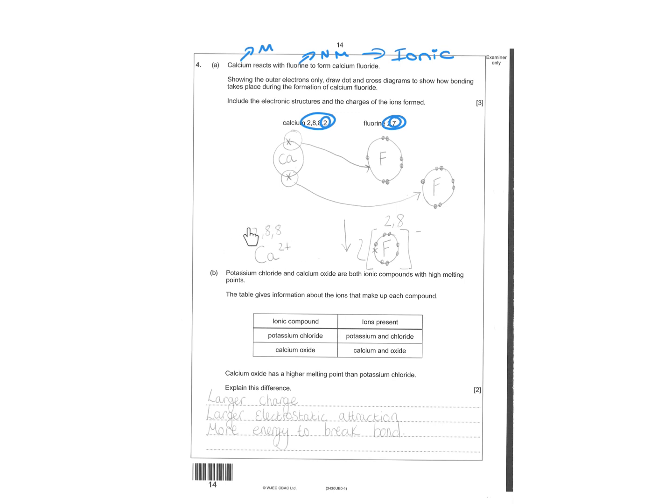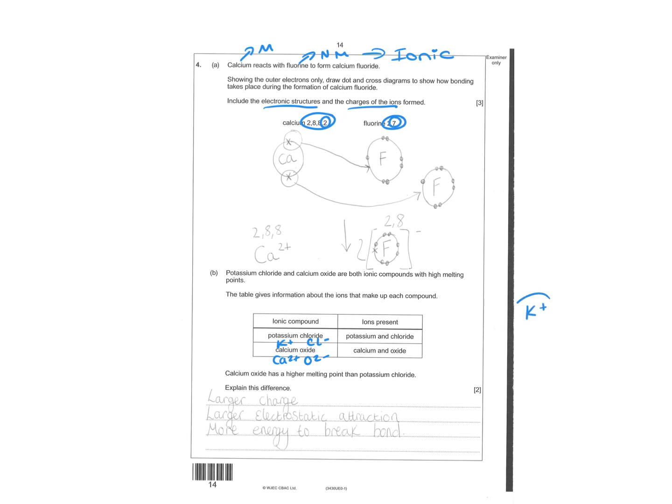Then I've given their new electron structures. If you notice in the question, it says to include electron structures and the charges of the ions. Calcium oxide has a higher melting point, so calcium is 2+, oxide is 2-, potassium is plus, chlorine is minus. So there's a larger charge, which means there's a larger electrostatic attraction.